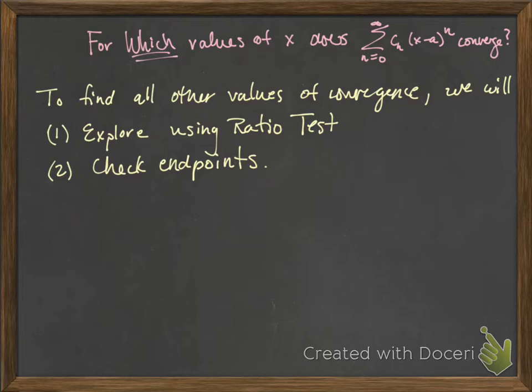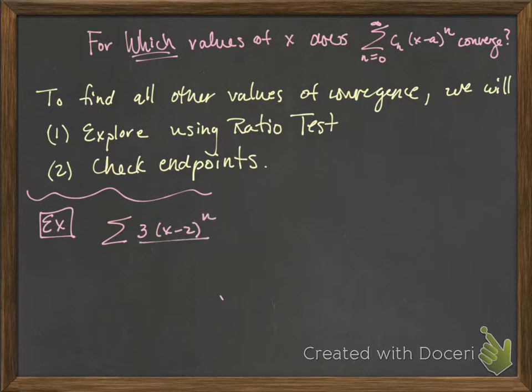Okay, and I feel like we will do this with a particular example because that is often easier to talk it through that way. So here's an example. Here's going to be our power series: the sum of 3 times (x minus 2)^n over n, n equals 1 to infinity.